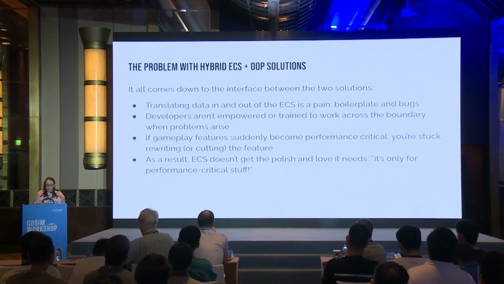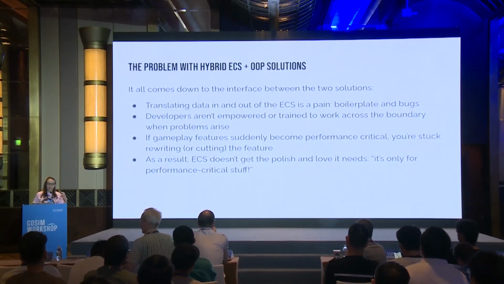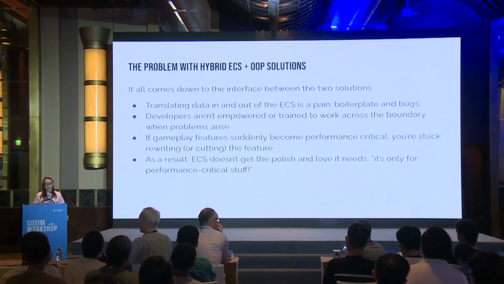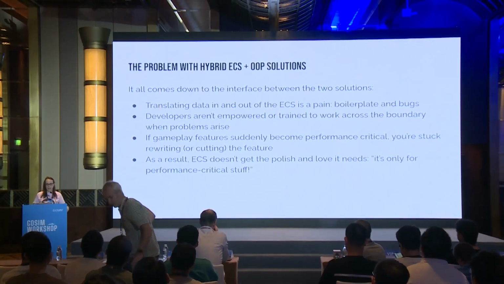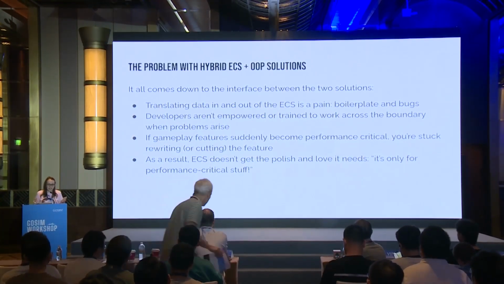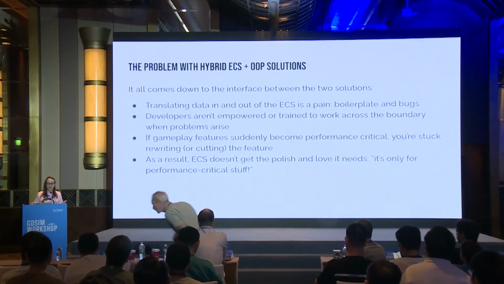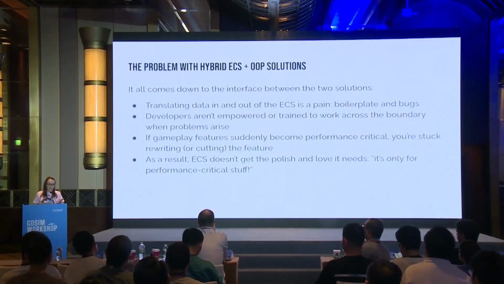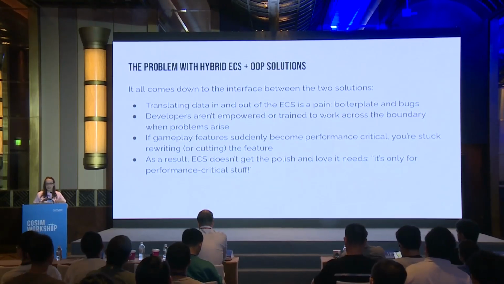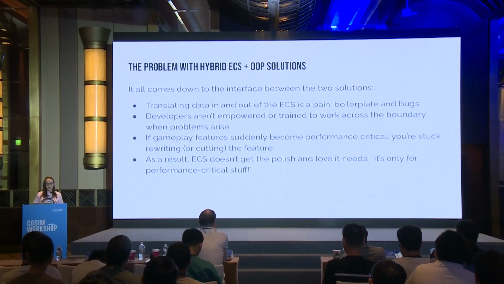You'll have things where something that you thought wasn't performance sensitive, you run a benchmark and you say, oh no, this dialogue system is now in our hot loop, oh god, and then you're like, okay, well, do I cut this dialogue system or do I rewrite it entirely in a different language? And that sort of translation adds a lot of time and a lot of friction and a lot of pain when you're developing big commercial projects.